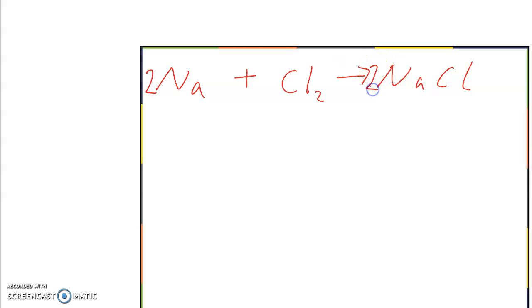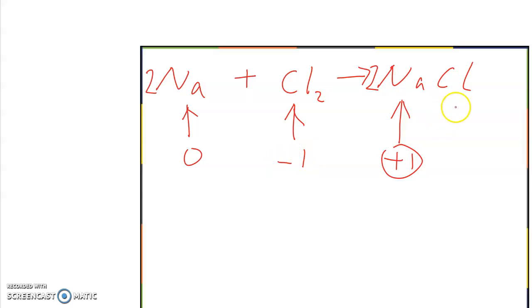All right, so is this reaction a redox reaction? Let's see. Over here, sodium is from 0 all the way to +1, so it's oxidized. And for chlorine, here is 0, excuse me. It is 0 because it's in its elemental form, and chlorine becomes -1. So yes, this one is going through a redox reaction.